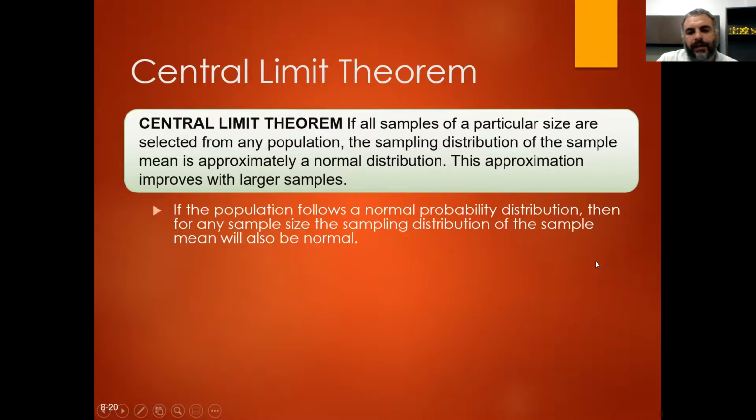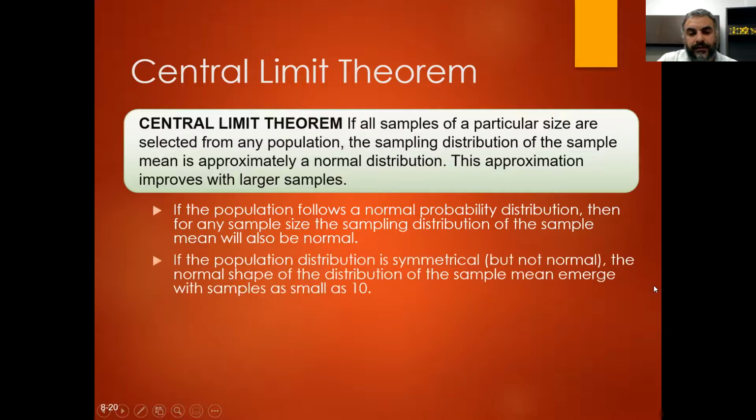If the original population follows a normal distribution, the samples should also follow a normal distribution, and we will eventually end up with normally distributed samples.